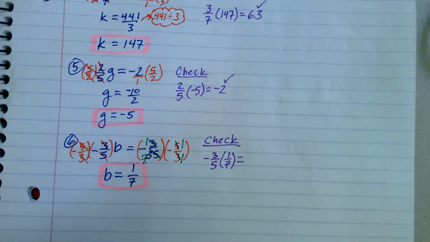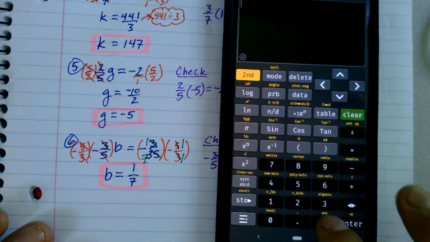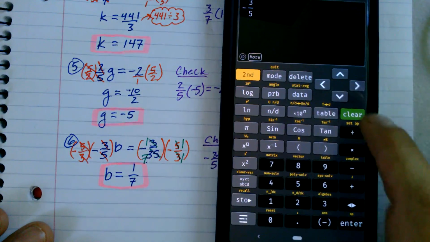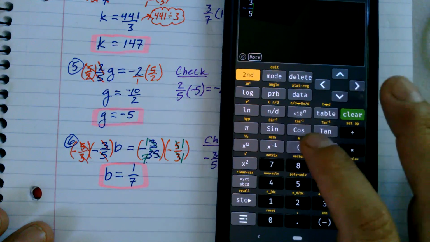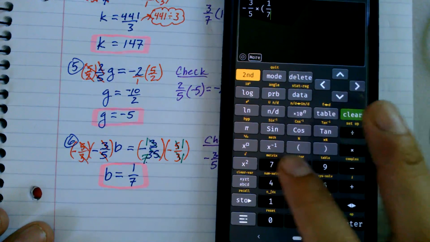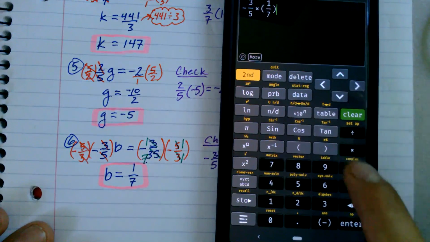Syntax error matching. Oh, I see what I did. Let me try again. I put the brackets in the wrong spot. Negative 3/5. Push it out. I forgot to do that last time. 1/7. Push it out. Close the parentheses.